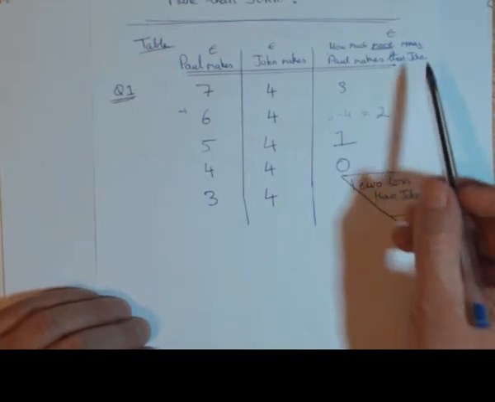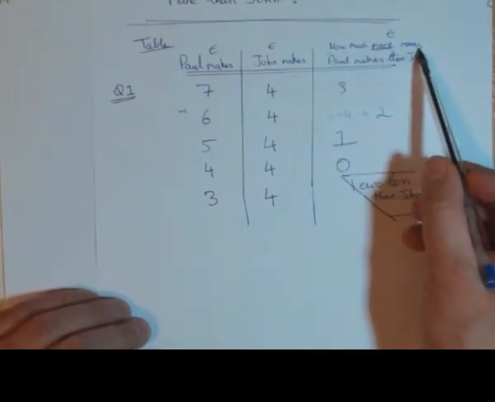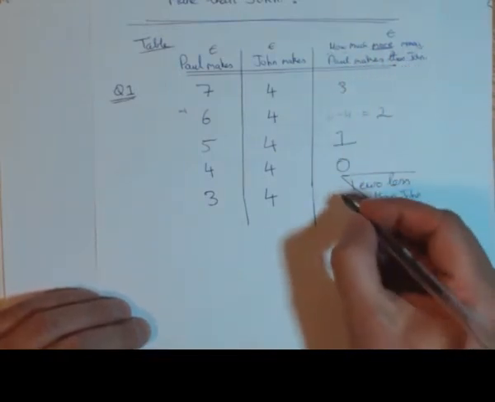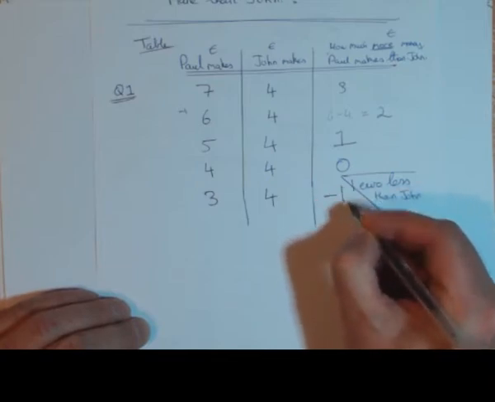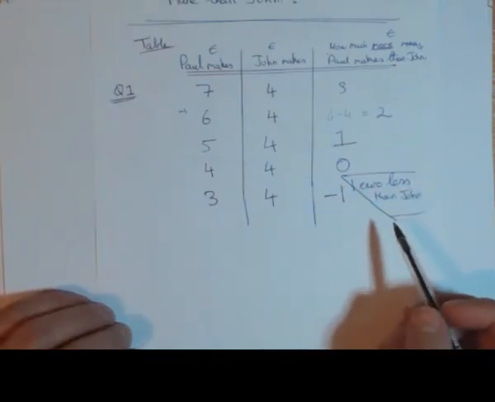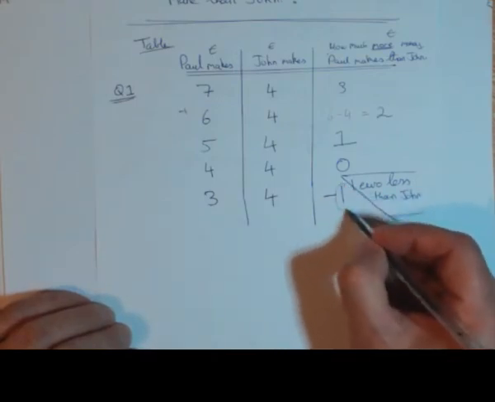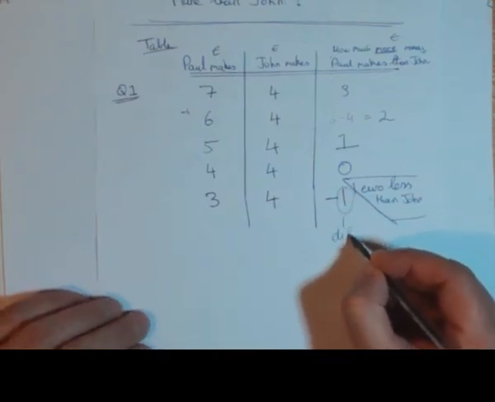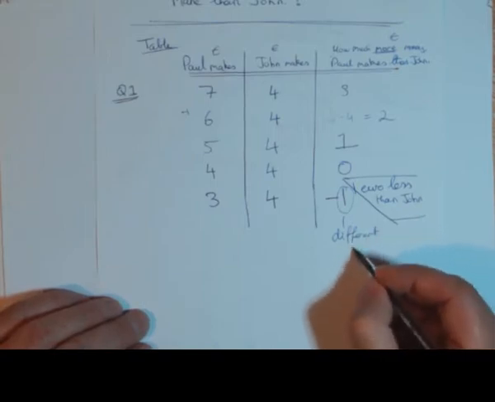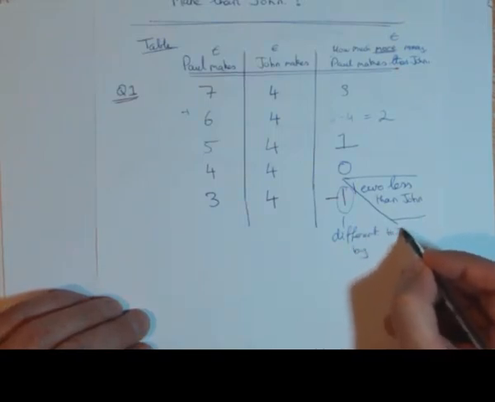I'm going to keep asking the same question. How much more money does Paul make than John? And the way that we say that is we say he makes minus €1 more than John. So the minus tells you that he's different to John by €1.